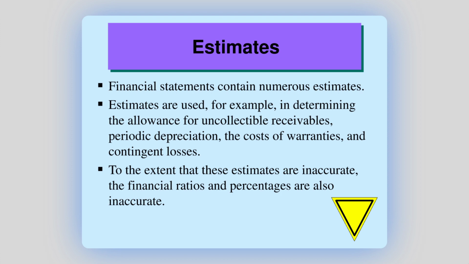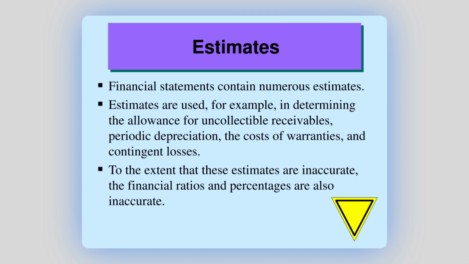Number one is based on the estimates. Ang sabi, ang ating ano daw ay based sa ating estimates lang. Ibig sabihin, based on numerous estimates. So, estimates are used particularly in determining the allowance for doubtful accounts, your periodic depreciation, di ba?